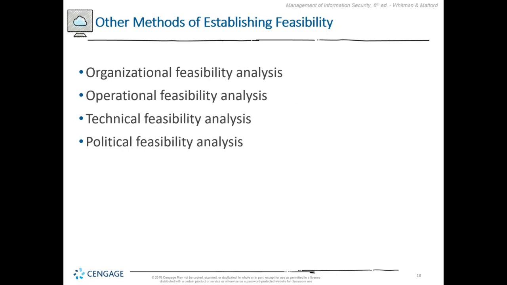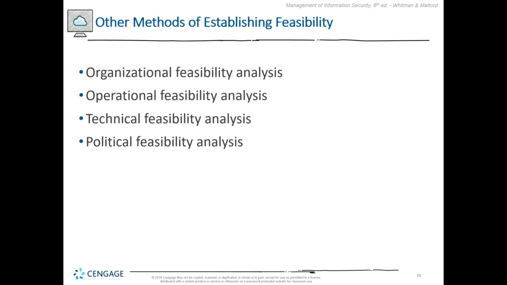Some other methods of establishing feasibility: organizational feasibility analysis examines which InfoSec programs will contribute to the efficiency, effectiveness, and overall operations of an organization. You should understand that organizational feasibility analysis compares a control approach with the organization's strategic objectives.